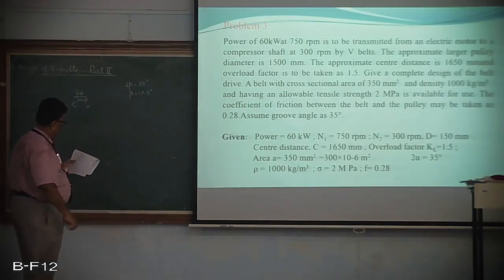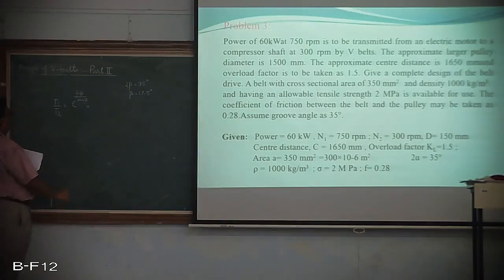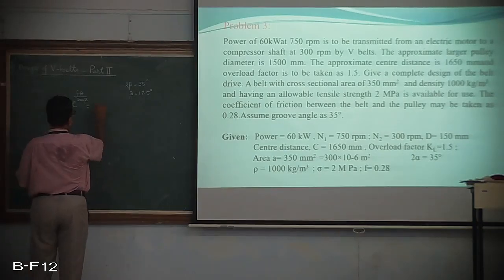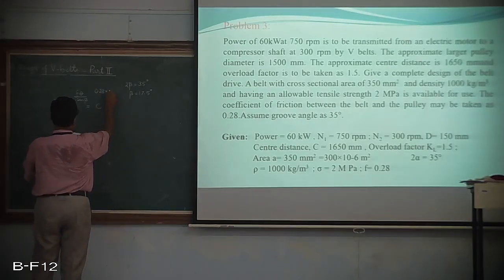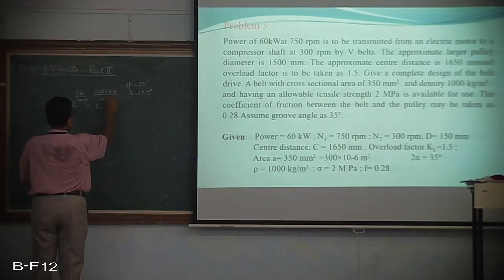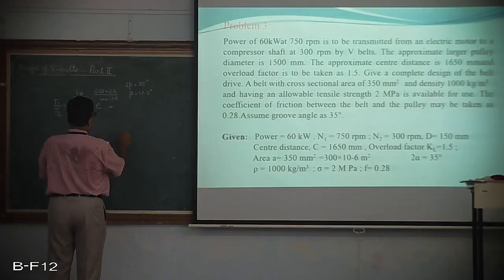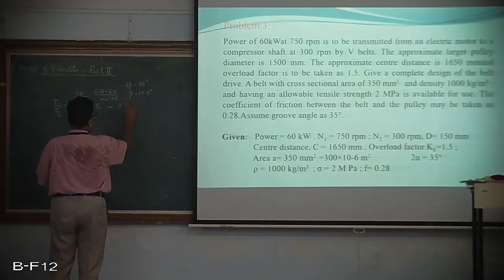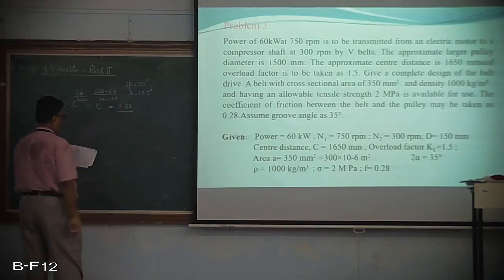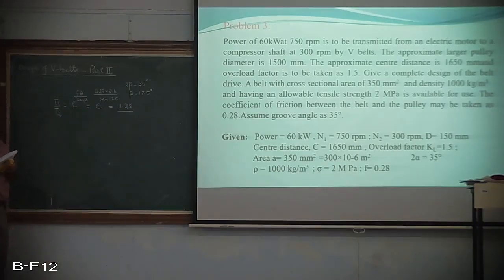So if we take e raised to 0.28 into theta 2.6 upon sine of 17.5, this will directly give me the tension ratio, 11.28. This is the tension ratio we are going to get.